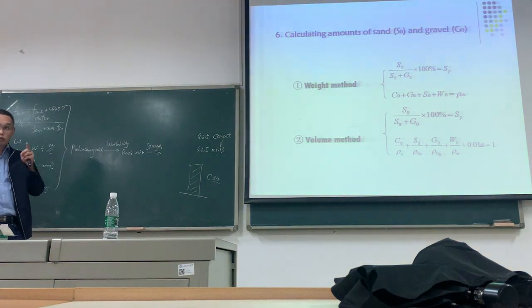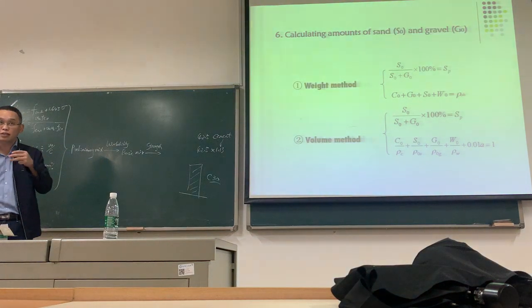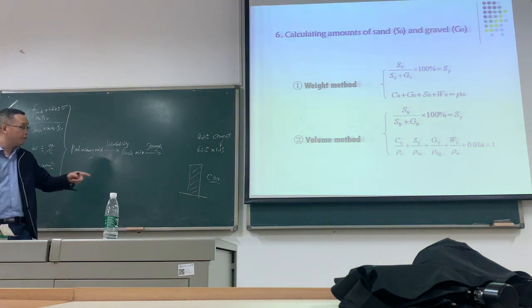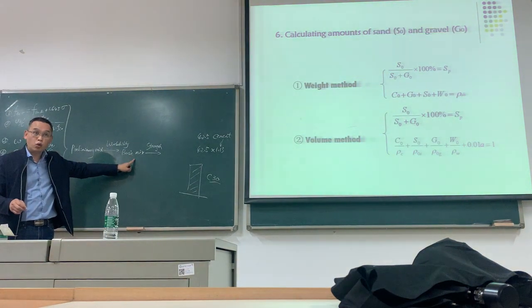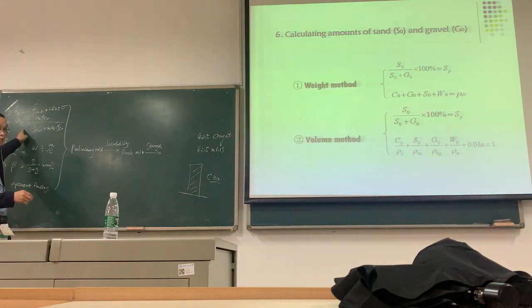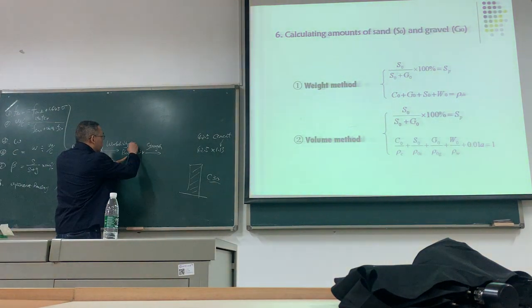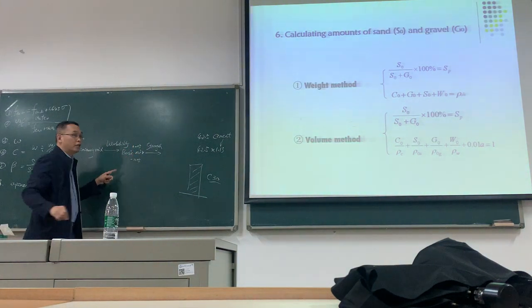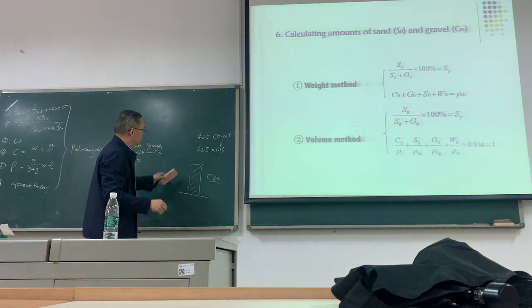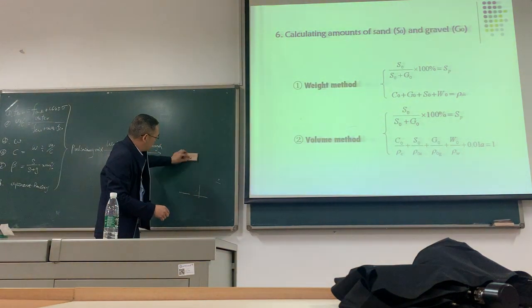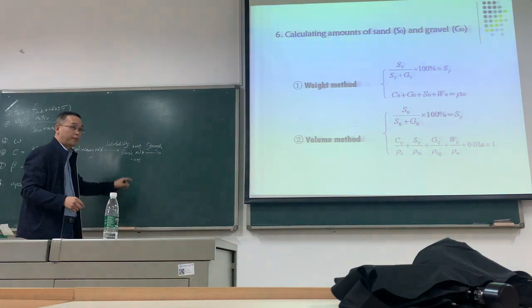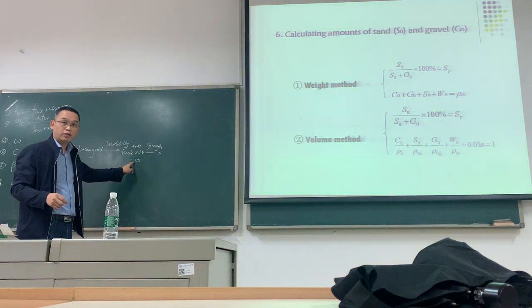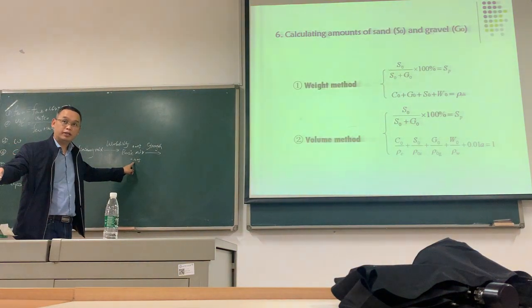For strength, we need to choose 3 water-binder ratios. How can we choose the 3 water-binder ratios? The first water-binder ratio is from here, and then here, with this, the 3 water-binder ratios for the check of strength.